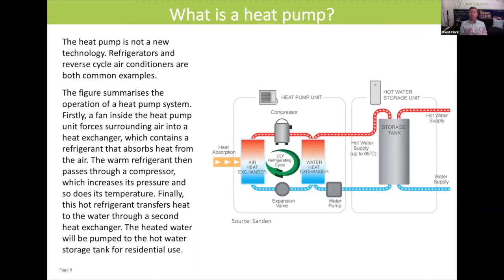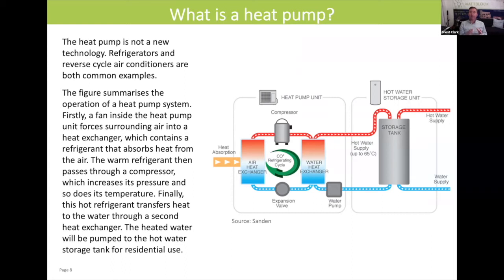In essence, what you are doing with a heat pump is capturing ambient air temperature and using that to heat the water. Now, the way that it does this is through using a refrigerant. So imagine that you've got a refrigerant in a heat pump that's maybe got a boiling point of -28 degrees.